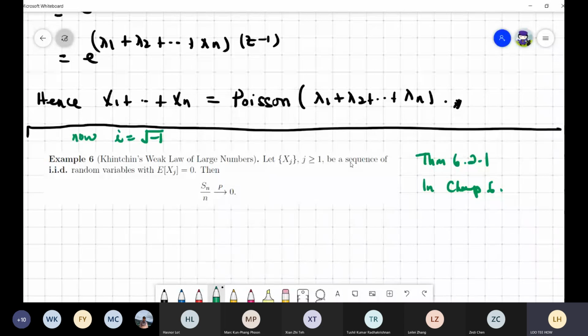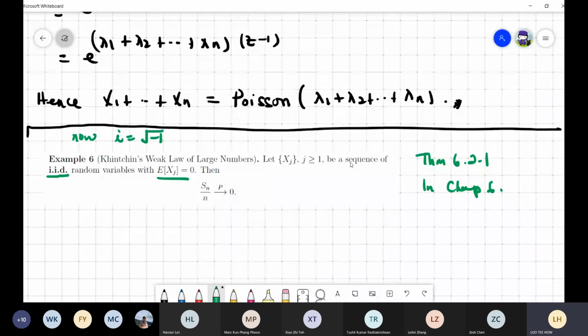So Xj, a sequence of random variables, j running from 1 up to infinity, and they are IID, so that means they are all independent and having the same distribution. Again, this is the standard hypothesis. We assume the mean for each of the random variables is 0. Okay, so then we have this formula.